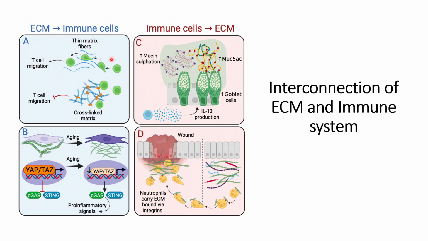We will start with this first figure, which talks about the ECM and its effect on the immune cells. What people have found is that during T cell migration, the extracellular matrix surrounding the T cells is usually a thin matrix fiber, which facilitates the T cells to migrate from one region to another, or from their region of origin to the site of requirement.